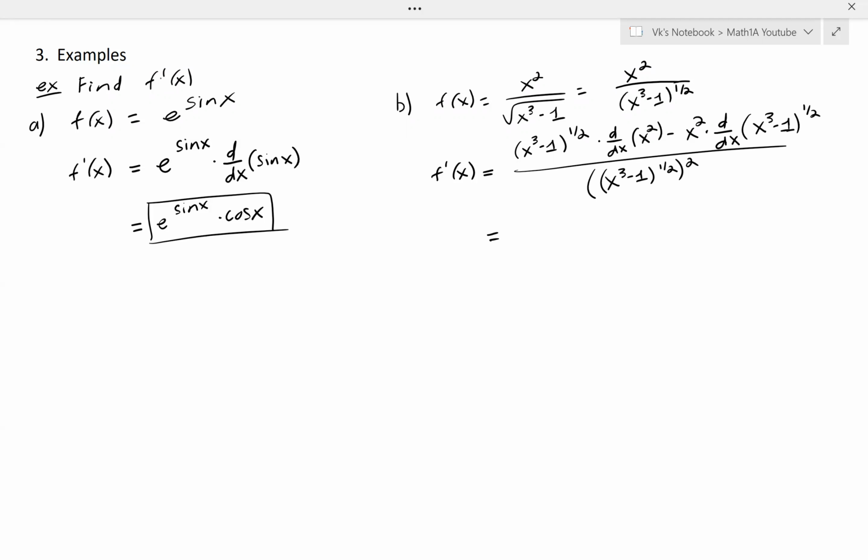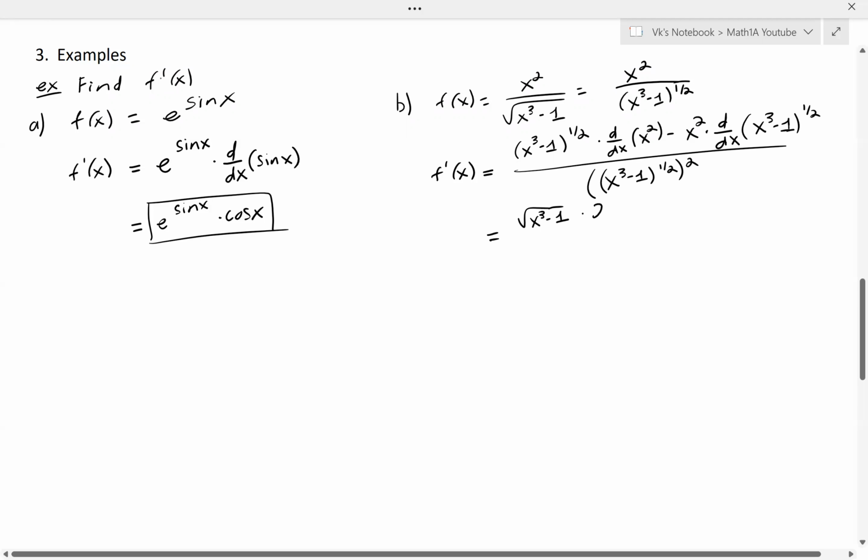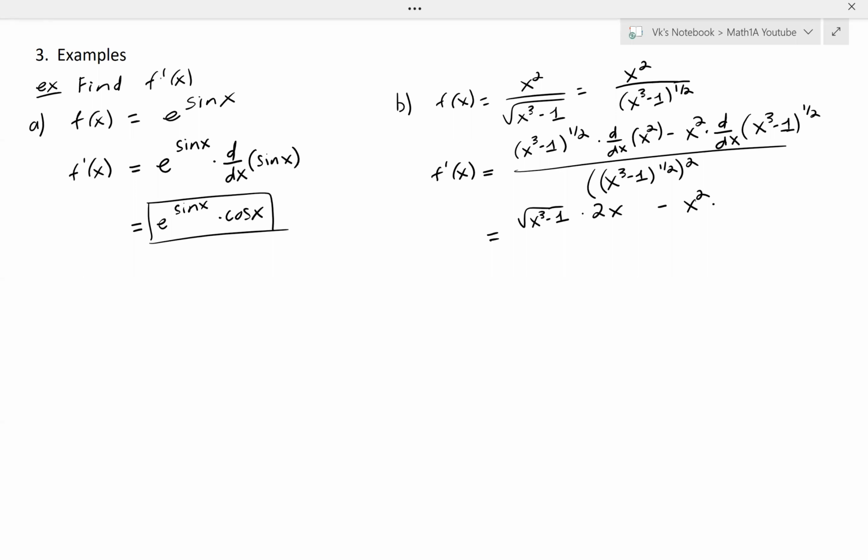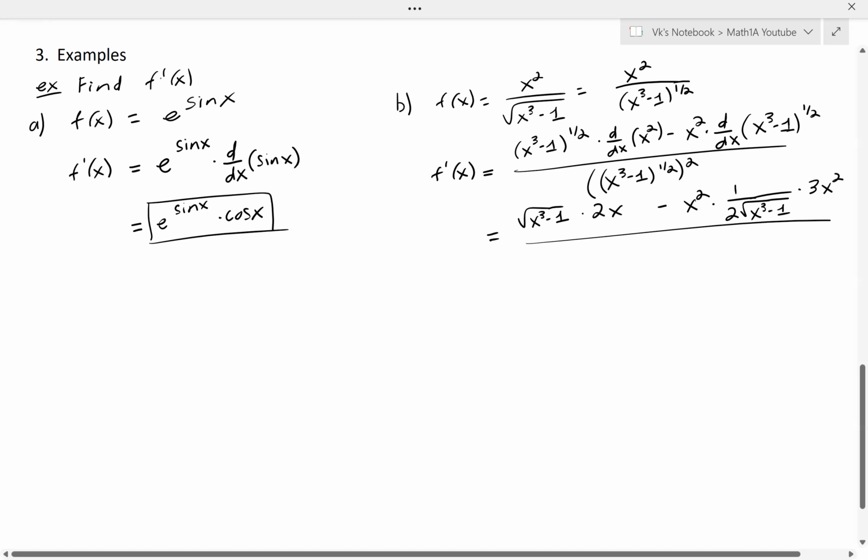So we have root of x to the 3 minus 1 multiplied to 2x, minus x squared multiplied to, well, we have a function in terms of x to the power 1/2, so apply the chain rule. 1 over 2 root of x to the 3 minus 1, and multiply to the derivative of the inner function, the derivative of x to the 3 minus 1, which is 3x squared, over x to the 3 minus 1.